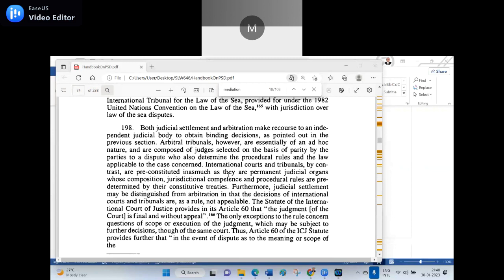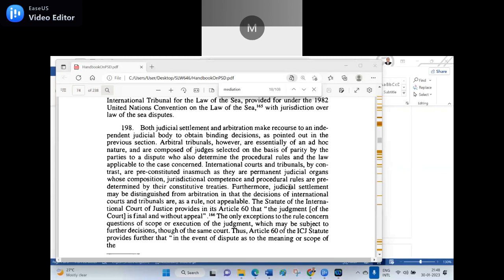International courts and tribunals, by contrast, are pre-constituted as well as permanent judicial organs whose composition, jurisdictional competency and procedural rules are predetermined by the constituent treaties. Any treaty which created such a tribunal gives it the full power of procedural rules, jurisdiction, and competency.